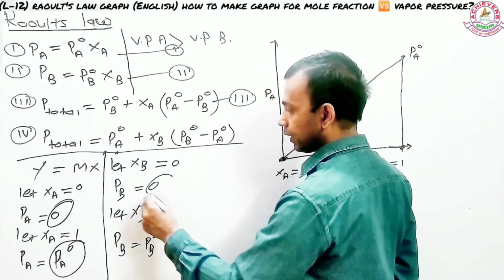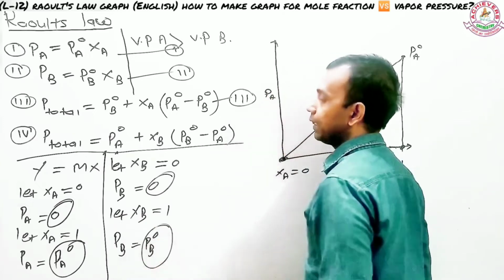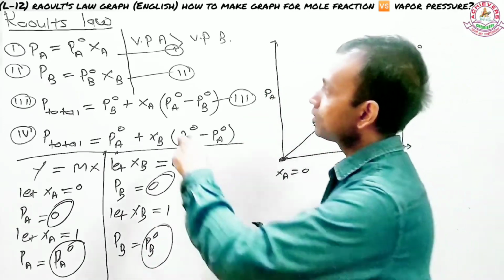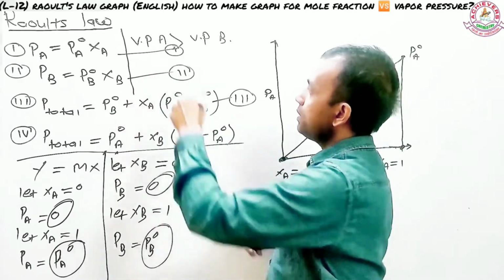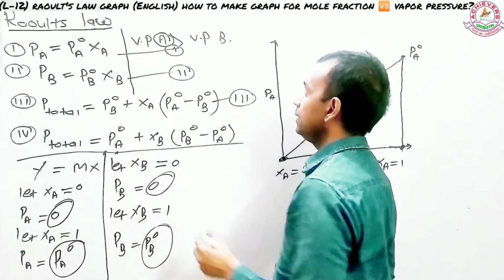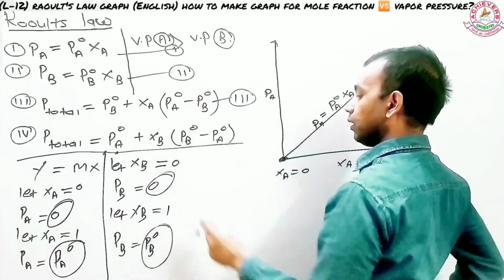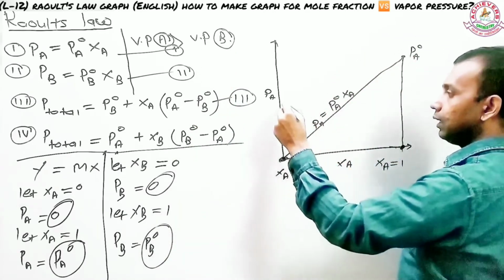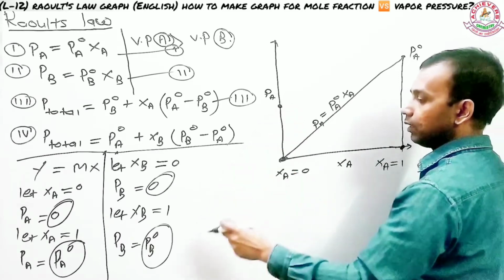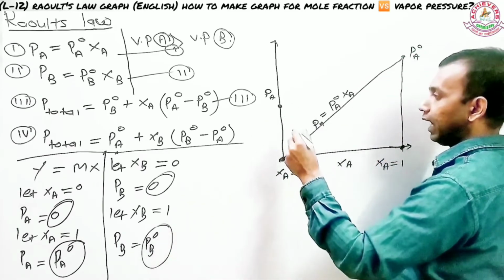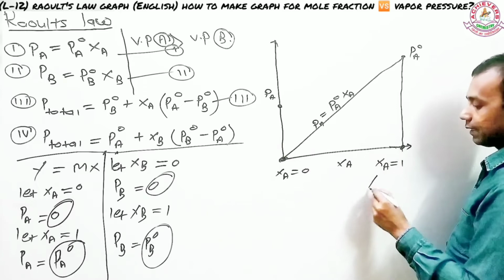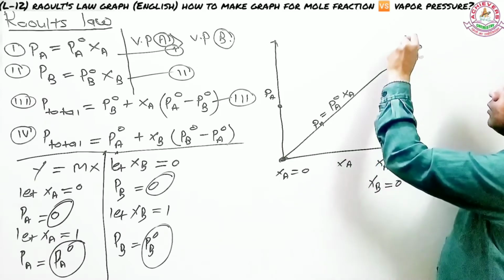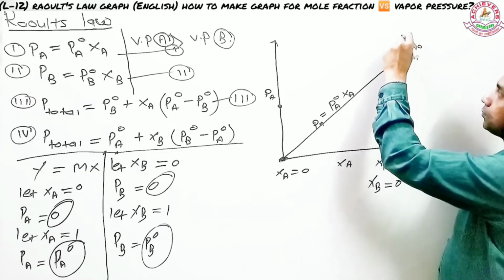So these two values are again coming up, and we can draw another graph for the second volatile component. But remember, since the vapor pressure of A is more than B, A is more volatile than B, and therefore this PB should be somewhere lower than the PA. So what I'm going to do, I'm placing this PB right over here, and we can write it like XB equal to 0.